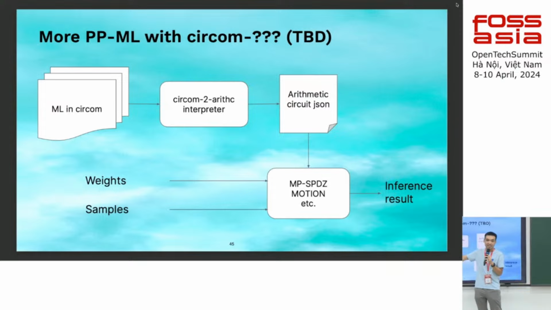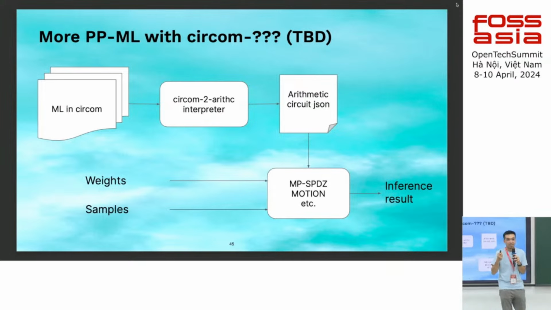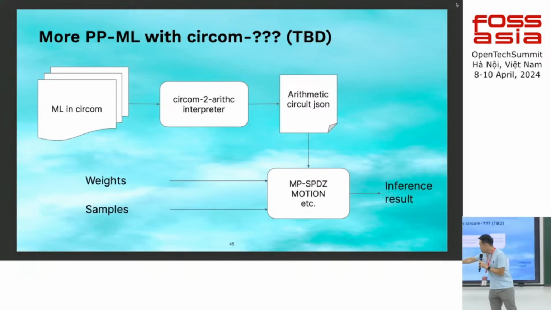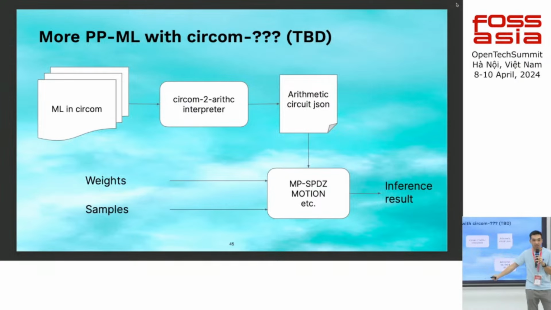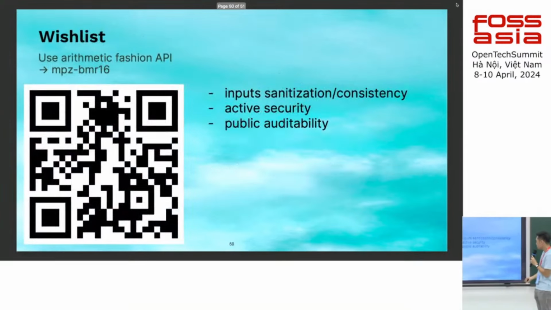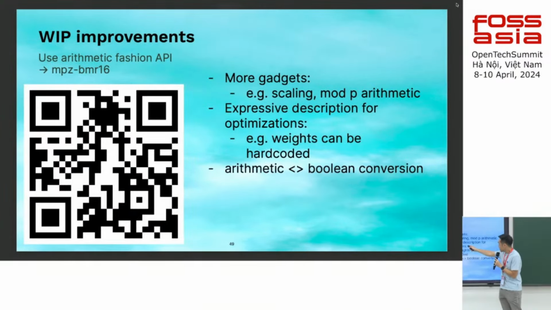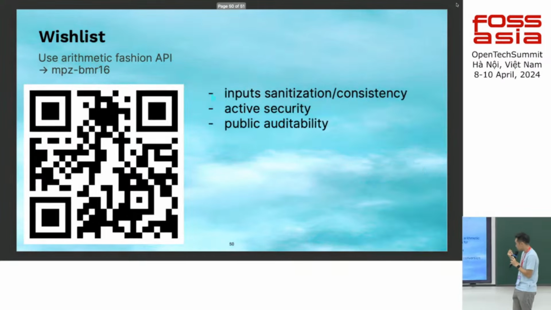Thay vì thực hiện một phép tính nhân trên hai số bí mật, thì mình hoàn toàn có thể thực hiện một phép tính nhân trên một số bí mật, và nhân với một hằng số thuộc trong bộ input mà bên Garbler đã biết rồi. Thì một số mô tả để được tối ưu hơn, hoặc là phép chuyển đổi giữa số đại số và số nhị phân được dễ dàng hơn, thì những cái này sẽ làm tăng hiệu năng quá trình tính toán bằng MPC của mình.